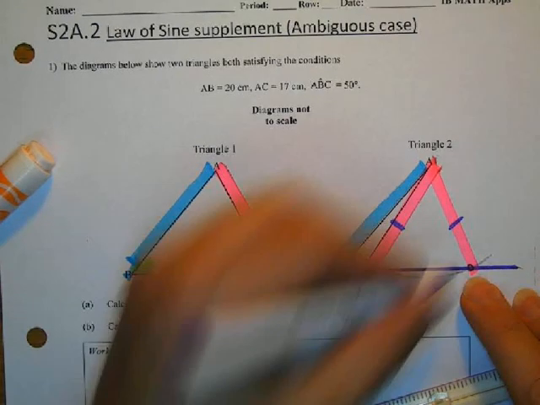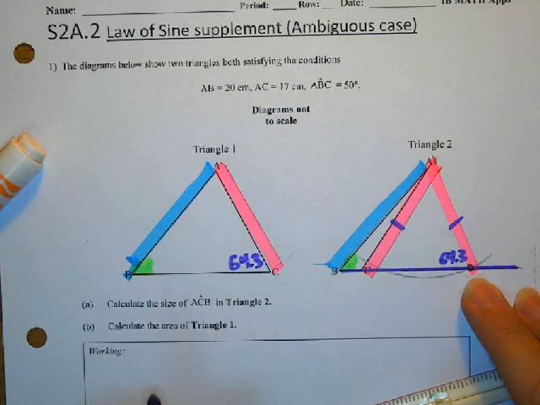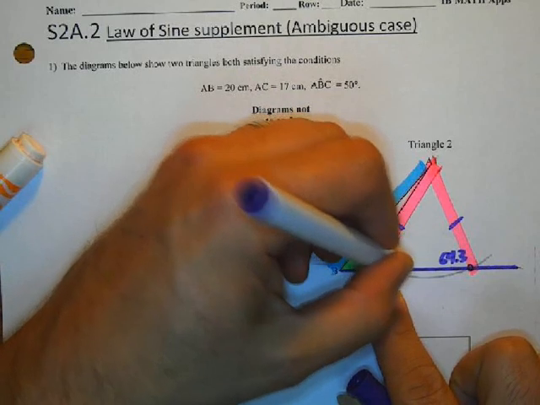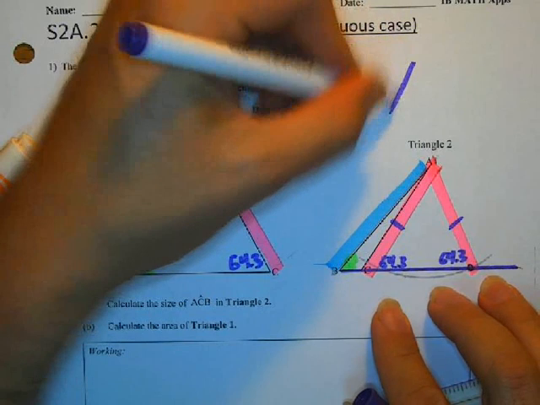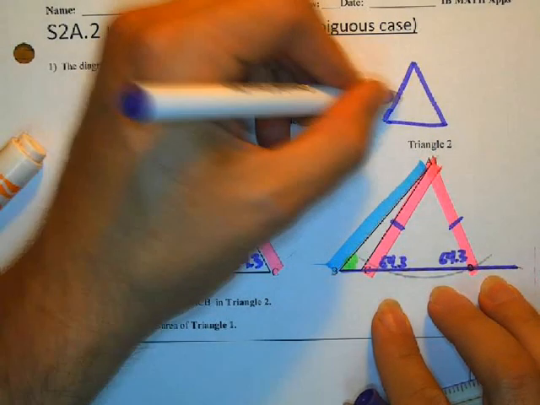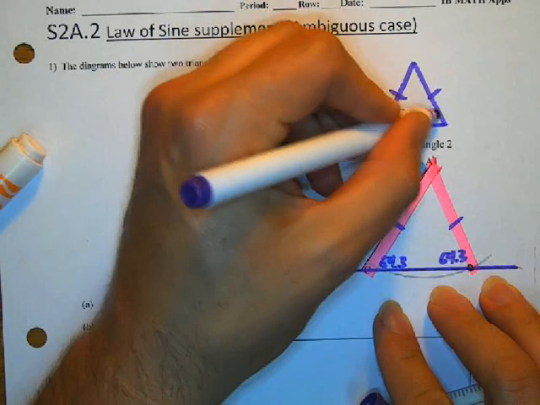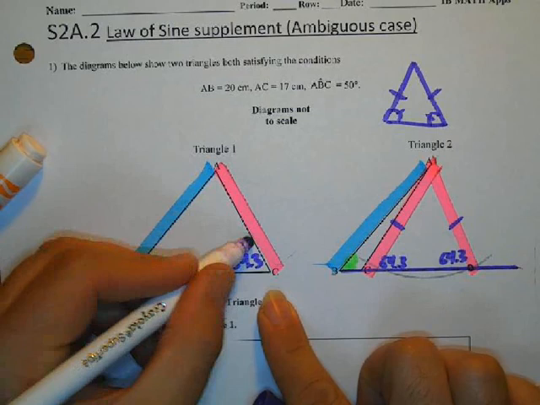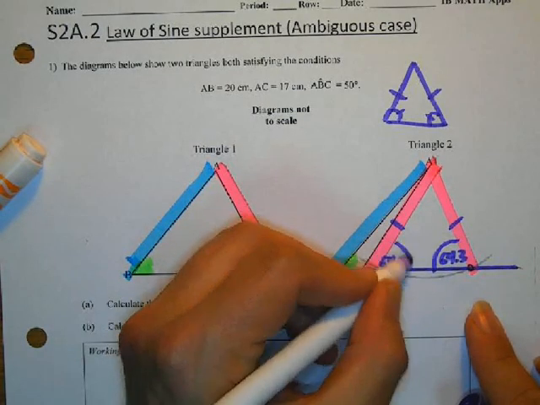If this angle here is 64.3, it should make sense that this angle here is also 64.3, because in an isosceles triangle, if that side is the same length as that, then this angle is the same as that angle. So if that's 64.3, then this is 64.3.